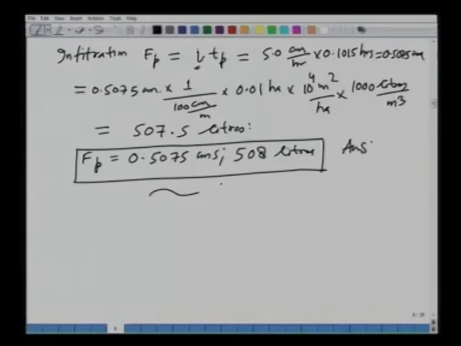So, you see that we can solve some practical problems using some of the equations or methods we have seen for infiltration. This was the example of the Phillips equation, and the next example I would like to take is on the use of the Green-Ampt equation. Remember, we had said that the Green-Ampt equation is a little complicated as far as the solution is concerned.